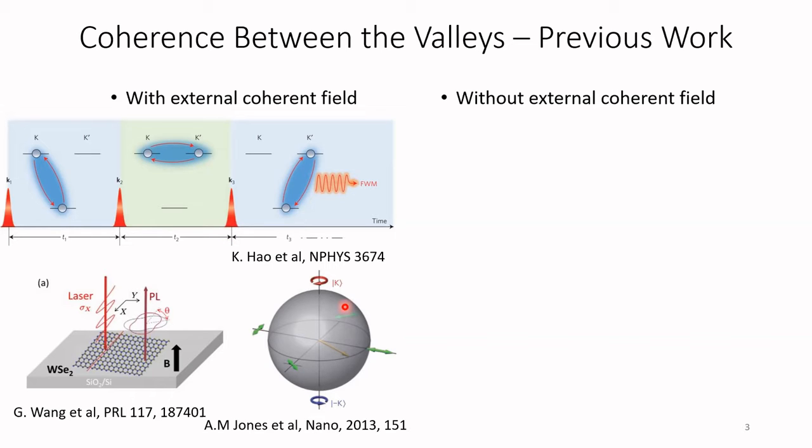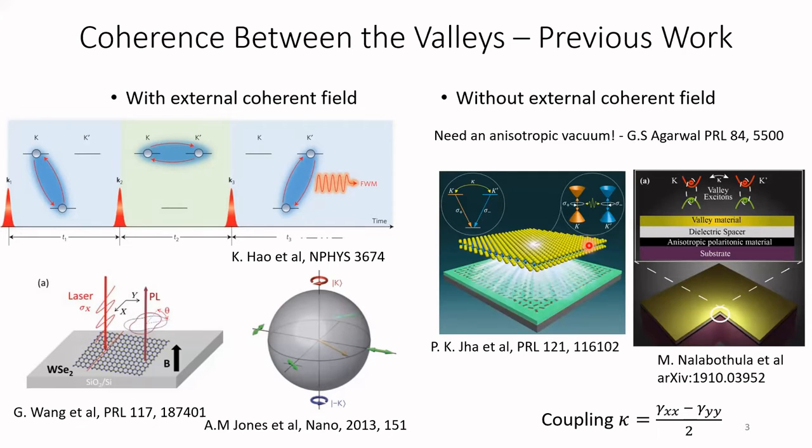So that comes to the second way of controlling coherence, and that is without an external coherent field. In the year 2000, there was a pretty groundbreaking paper from G.S. Agarwal, in which he proposed that you can create an anisotropic vacuum.